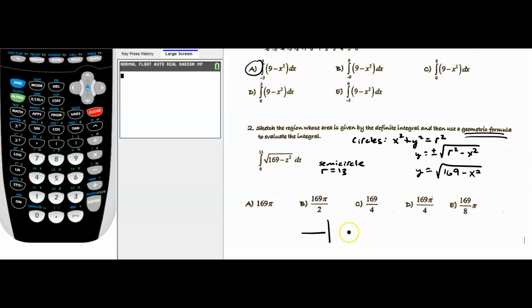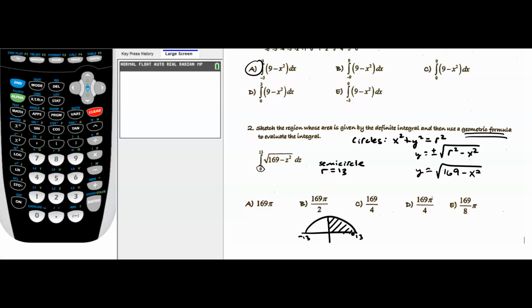And so if my picture is something like this, where this is like -13 to 13, I'm not going for that total area. I'm actually going for the net area bounded by that semicircle and the x-axis between 0 and 13. So I'm just going for this area right here, which makes this a trap kind of question.